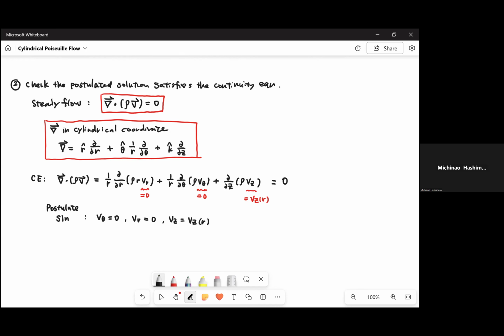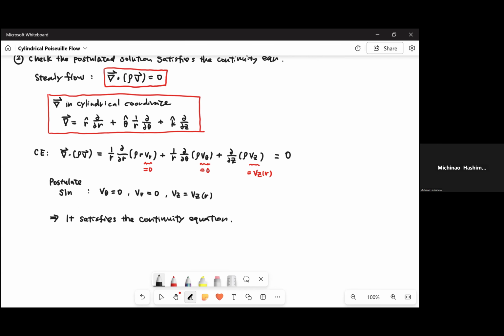So it satisfies the continuity equation. Okay, so this is great. Now, based on here, we can move on to simplifying the Navier-Stokes equations.